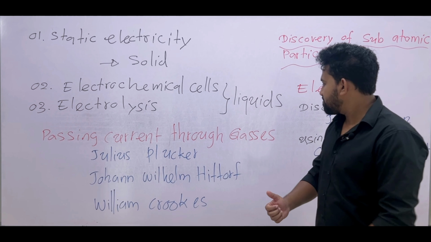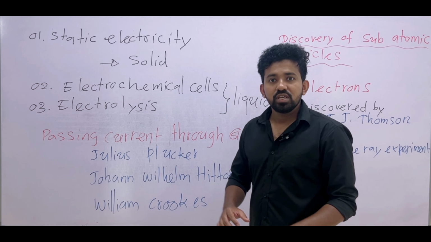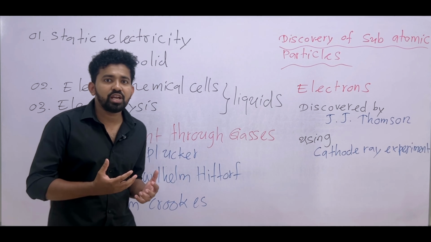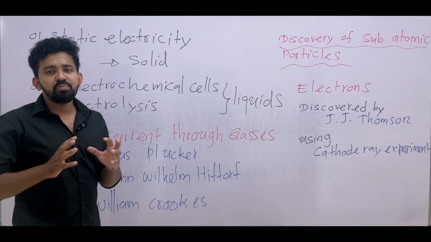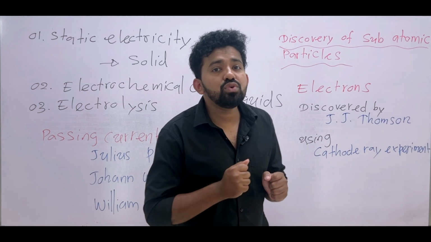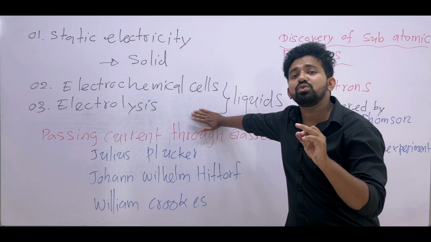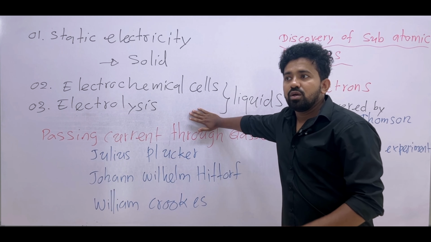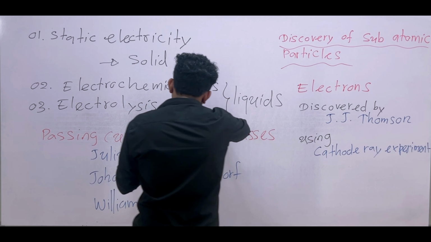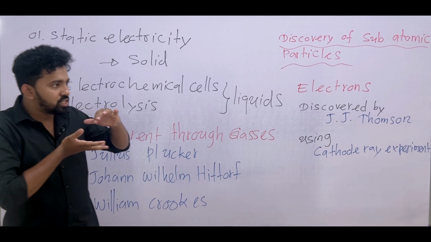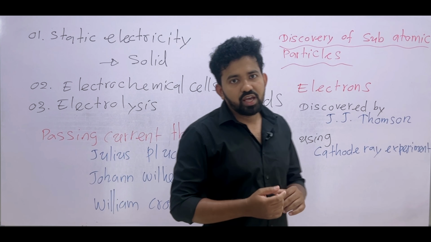Parker, Hitorf and Crookes conducted some research on this. Crookes developed a tube which is called the Crookes tube to do research on how we can pass current through gases, right?